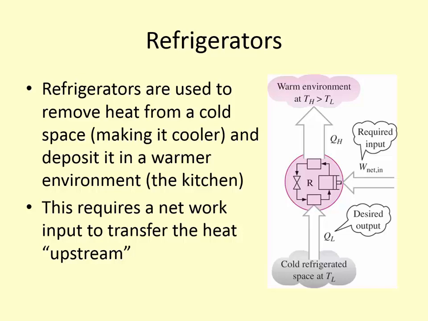So for a refrigerator, this cold environment is the inside of the refrigerator. So we have a desire to keep our food cold and to make that space colder than the ambient temperature. And so with a net work input and using a thermodynamic cycle with steady flow engineering devices, we can do that and then deposit that heat to the environment outside.